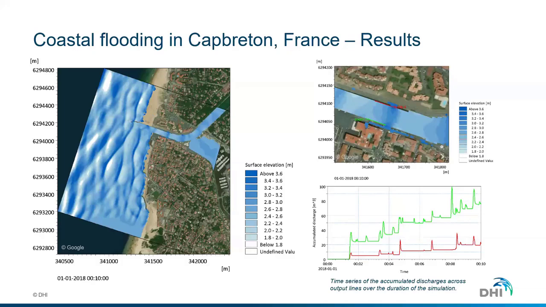Yes, so we can see that this model can actually be used to simulate entire coastal flooding areas, and you are modeling the entire domain as is, more or less. So you are not trying to set any boundaries between the beach and the water domain.